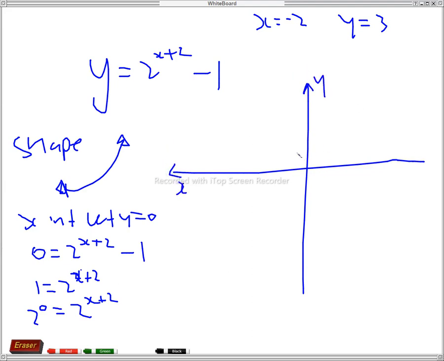So therefore, before I can sketch my graph, I have to do my asymptote. You understand? The asymptote for exponential is y.